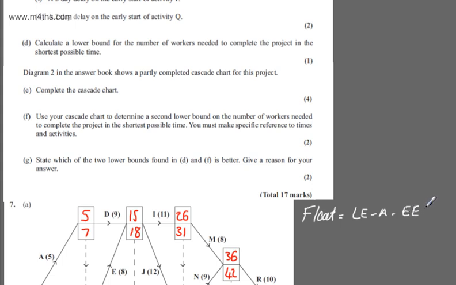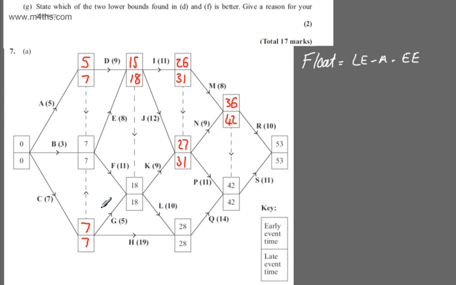So all I'm going to do now for M is just go ahead and consider that. So M is just here. So it's 42 minus 8 minus 26. So we can say for M, we're going to have 42 minus 8 minus 26, and that's going to be 42 minus 34, 8 days.